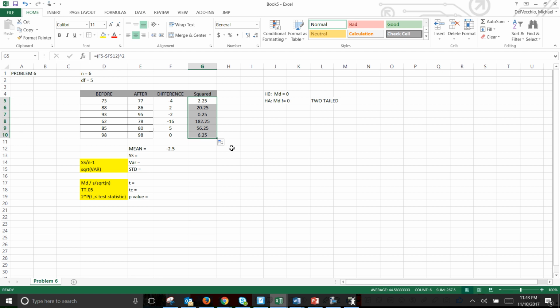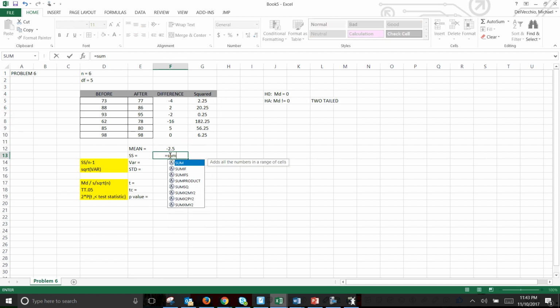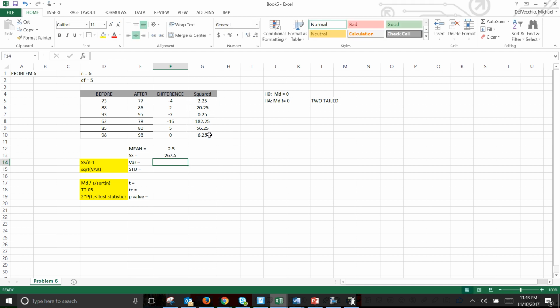Good. Now this SS, the sum of squares, is going to be the sum of this column right here. So I'll go ahead and use the sum formula and sum all those squared differences up. So remember the variance. We're going to take the sum of squares and divide it by n minus 1, which is 5.